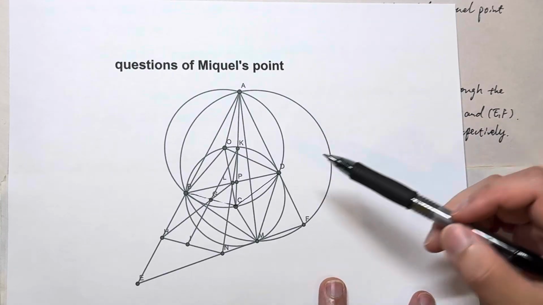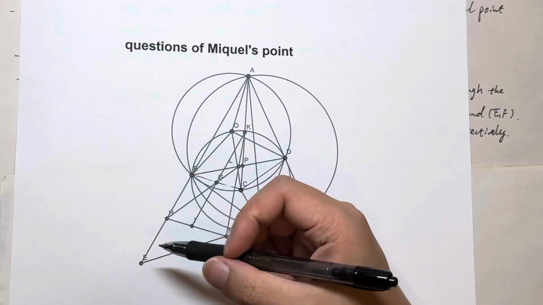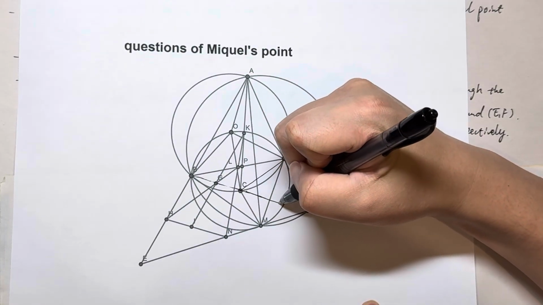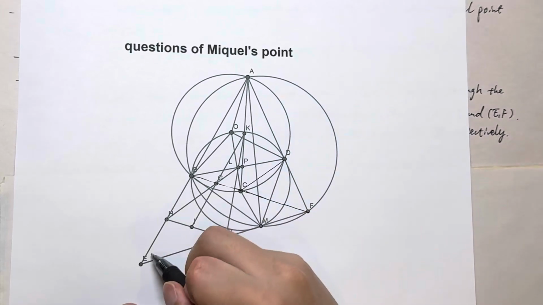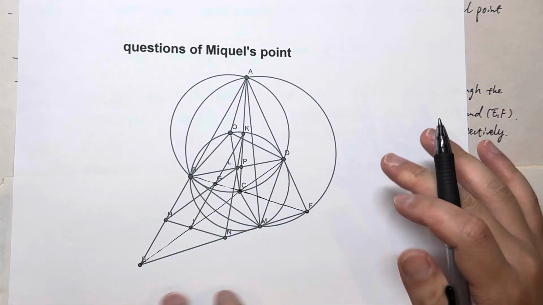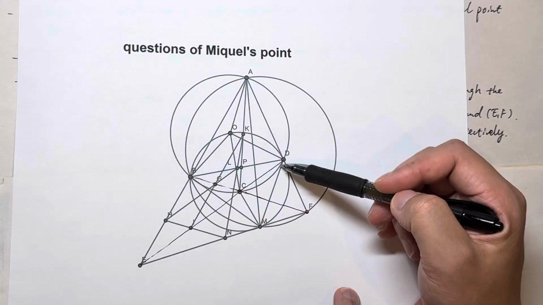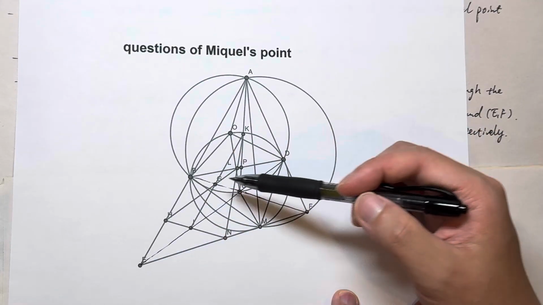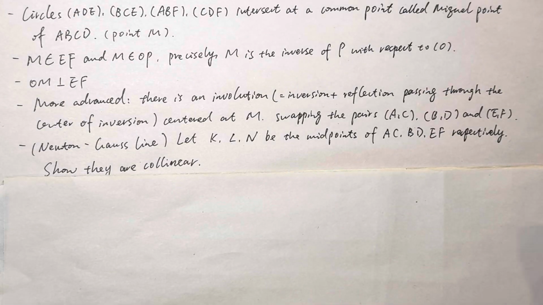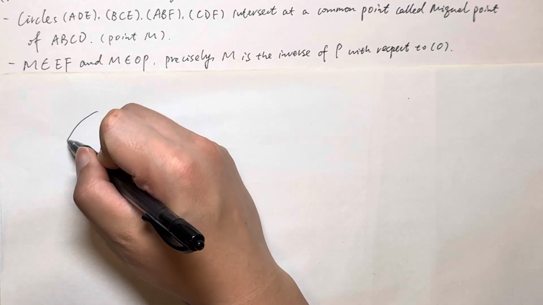And we know that AB meets CD on E. Let me forget about these points. These points will be used later, but not right now. So AB meets CD on E, and BC meets AD on F. Actually, let me just put it aside. We can draw it here.